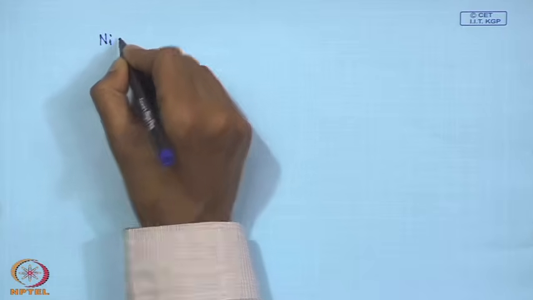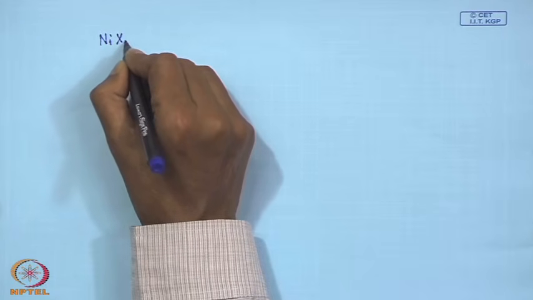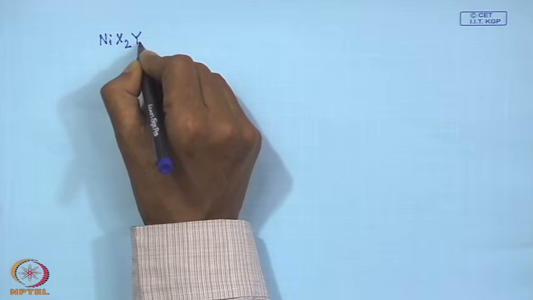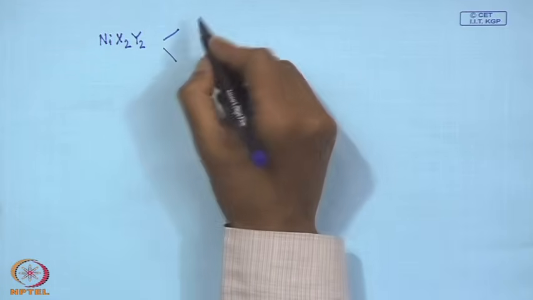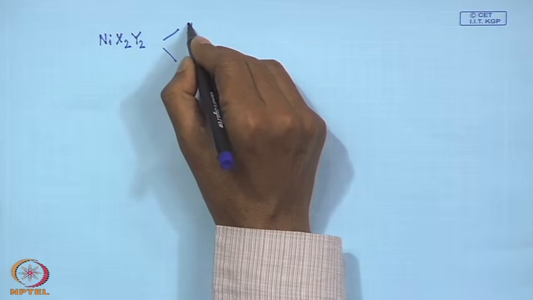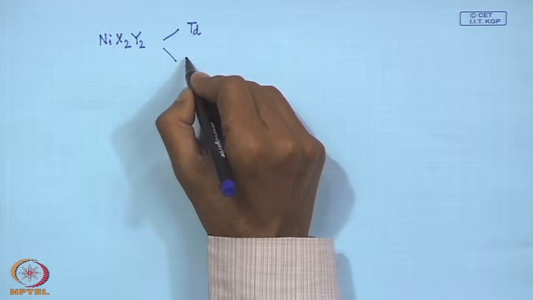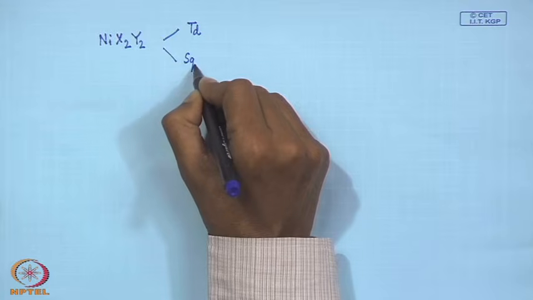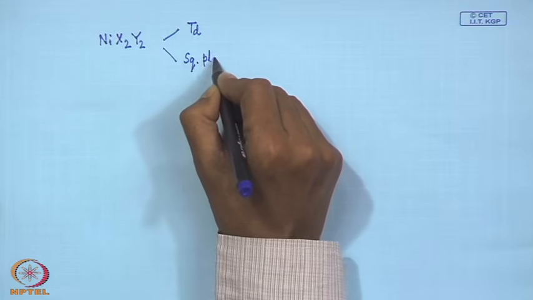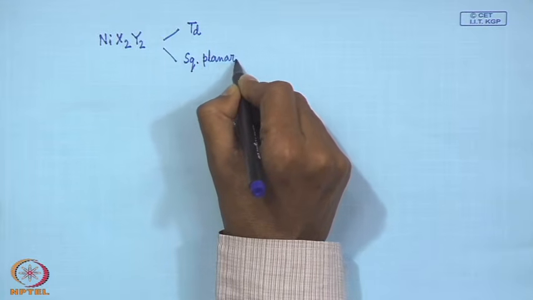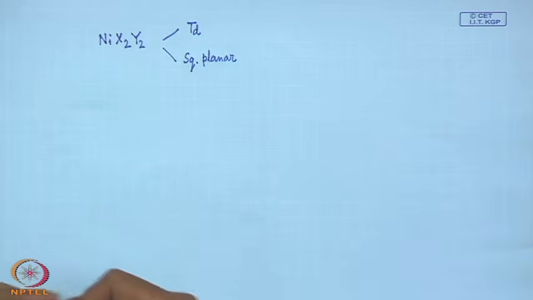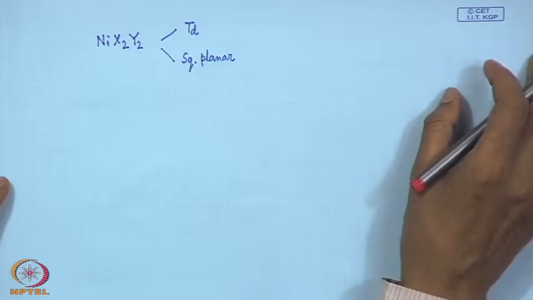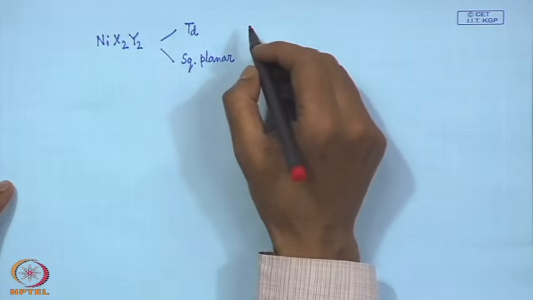So, if we have some arrangement of NiX2Y2, we can have a tetrahedral geometry or we can have a square planar geometry. We can have these geometries when we study in detail the corresponding electronic configurations.